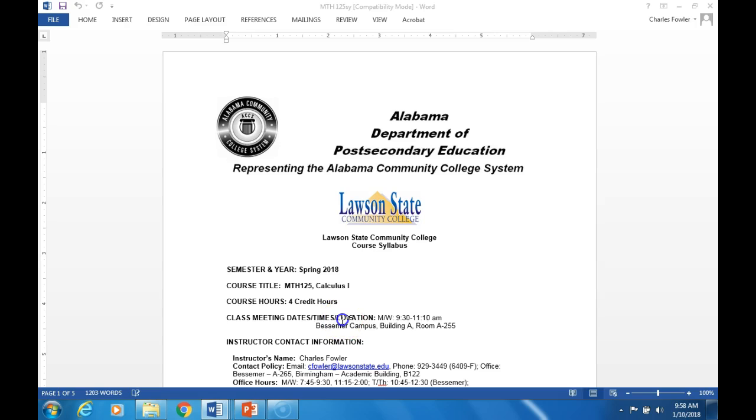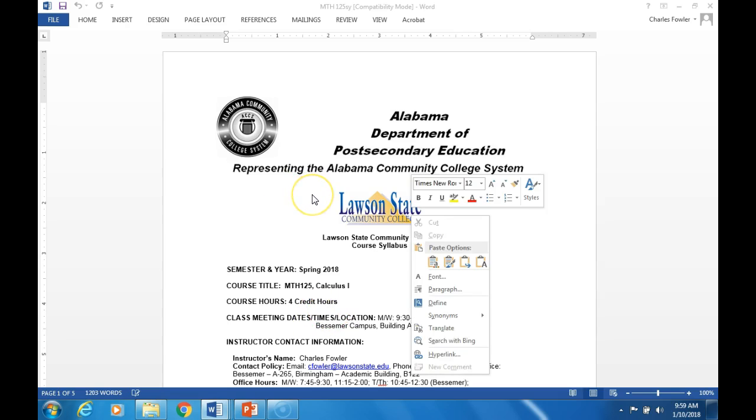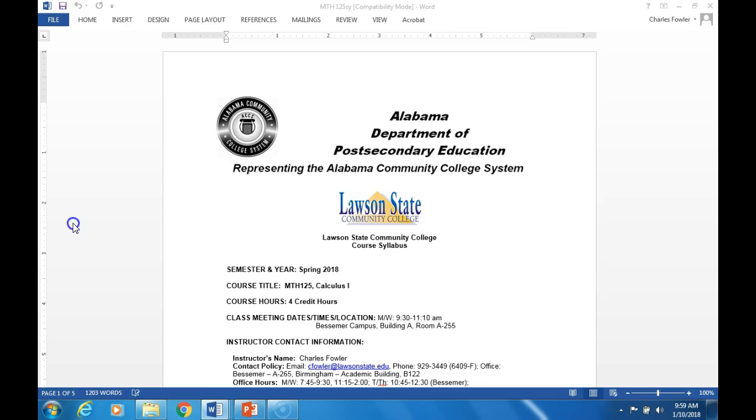Nope. Okay, I have no scroll bar. I've got a cursor, but it won't register anything. Let's see if I do this. Nope, it won't do that. Okay. All right. Let's cancel that. Now let's see if it advances. Nope.